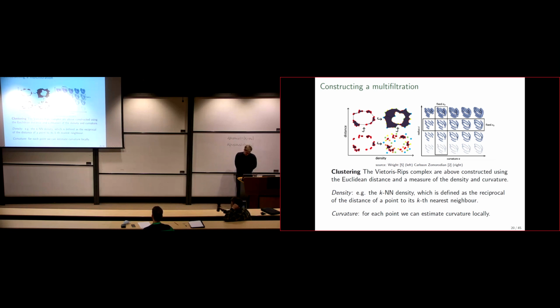So I believe in this case that they have some assumption of where the data comes from, and then they can make an estimate of the curvature. You could also estimate the curvature just from the point cloud. I'm not sure how accurate that would be, but that's something you could do.